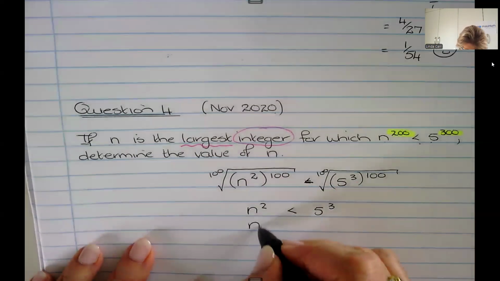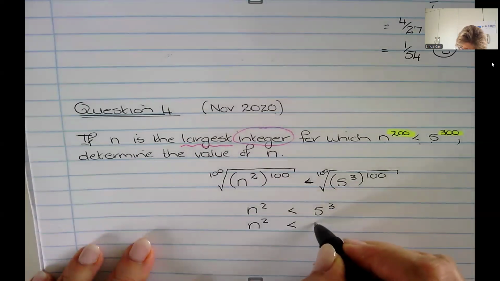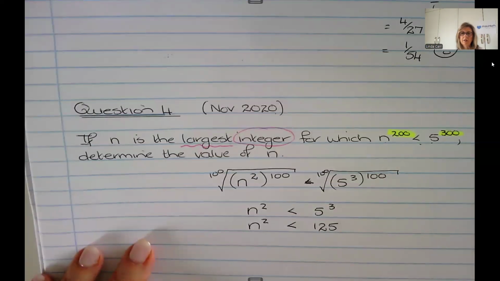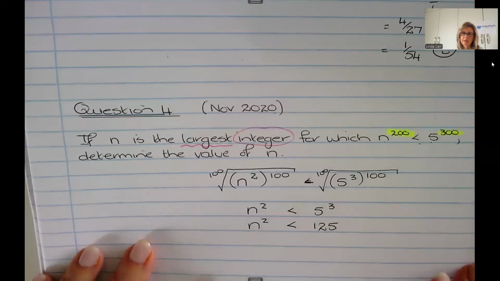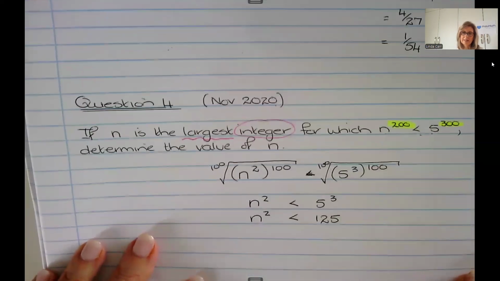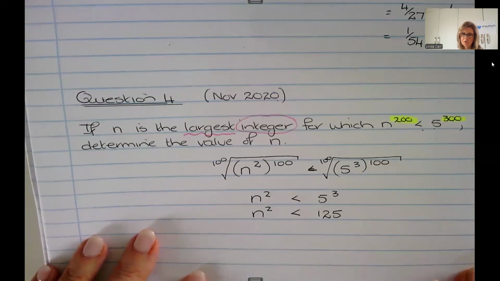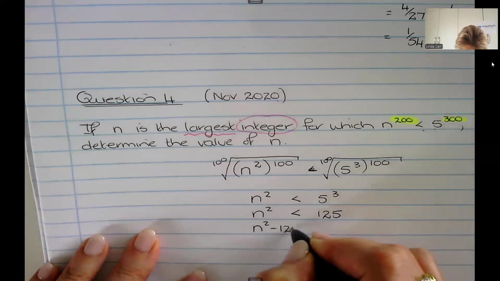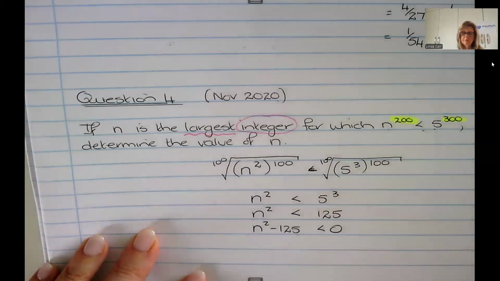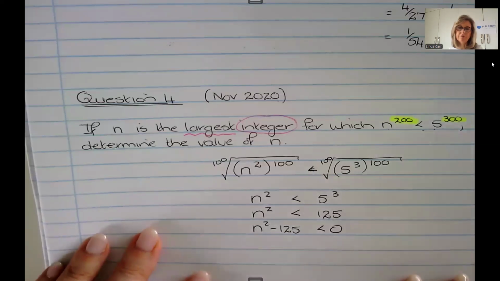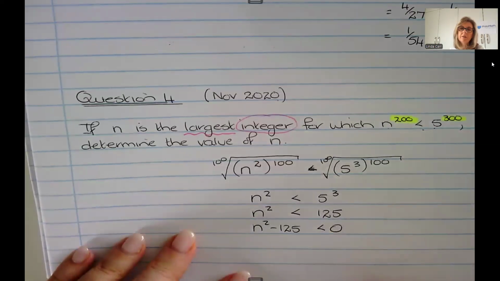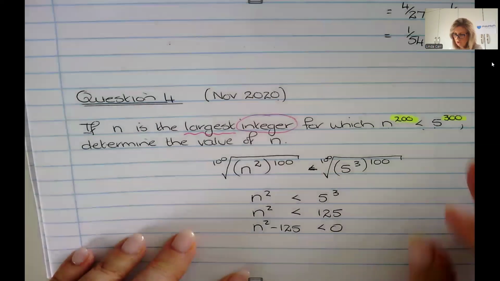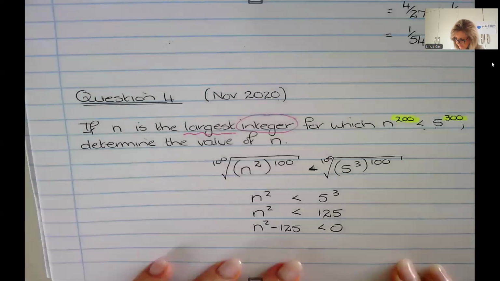So what is that? N squared is less than 125. The correct approach here is to do a quadratic inequality. So what you would do is you would turn this into a difference of perfect squares. And then you would get your critical values, which would be the square root of 125, which should be 5 root 5.